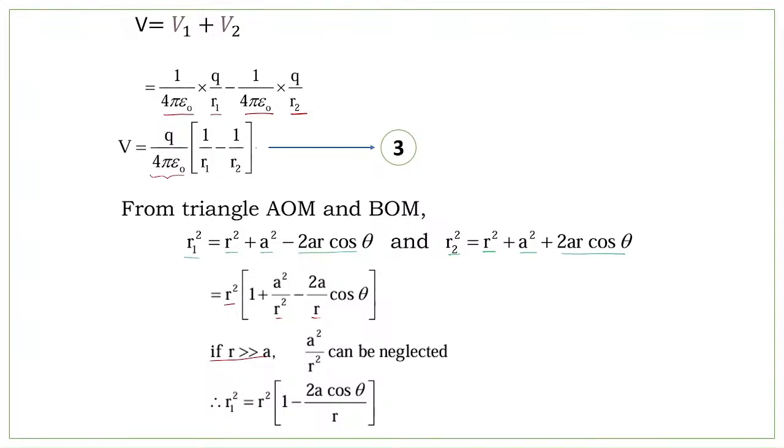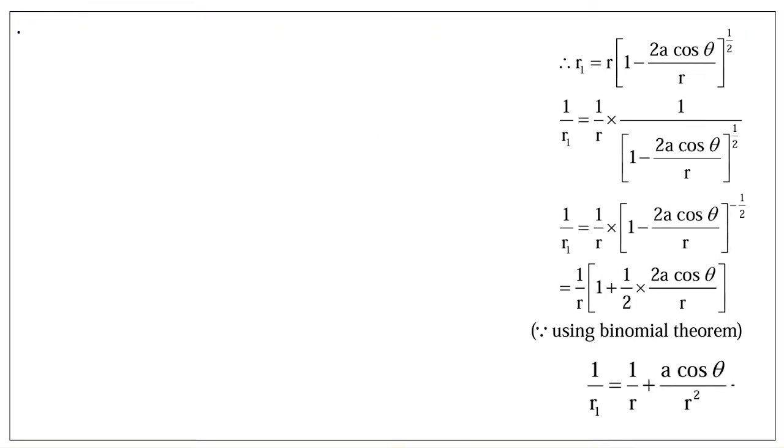Therefore, R1 square is equal to R square into bracket 1 minus 2A cos theta by R. Therefore, R1 is equal to R into bracket 1 minus 2A cos theta by R to the power 1 by 2. On taking reciprocal, 1 by R1 is equal to 1 by R into bracket 1 by 1 minus 2A cos theta by R to the power 1 by 2.